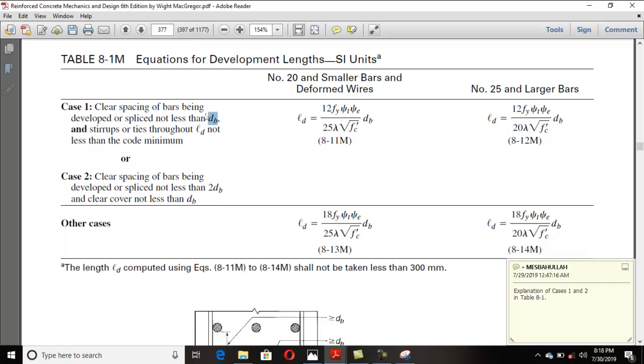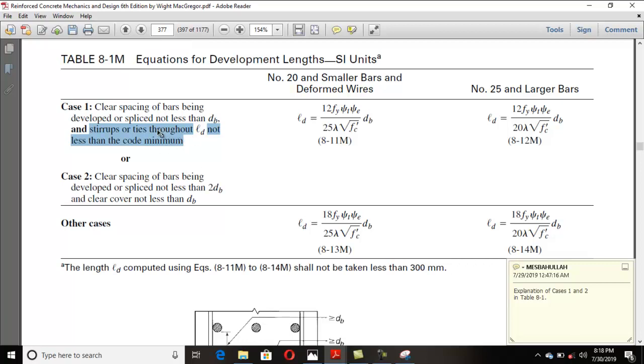So the first criteria is fulfilled. And stirrups or ties through ld. This means that the stirrups or ties used along the development length are not less than the code minimum. It means the stirrups or ties must fulfill the ACI shear criteria, the 1, 2, 3, 4, 5 criteria.